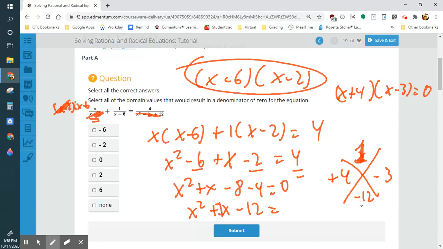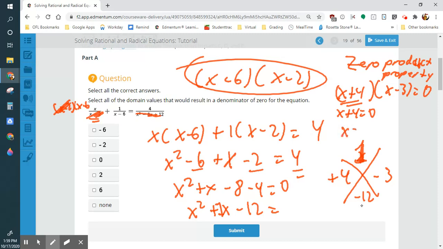So this tells me I'm using the zero product property. This tells me that x plus 4, if this is equal to 0, it doesn't matter what the other thing is, it's going to equal 0.